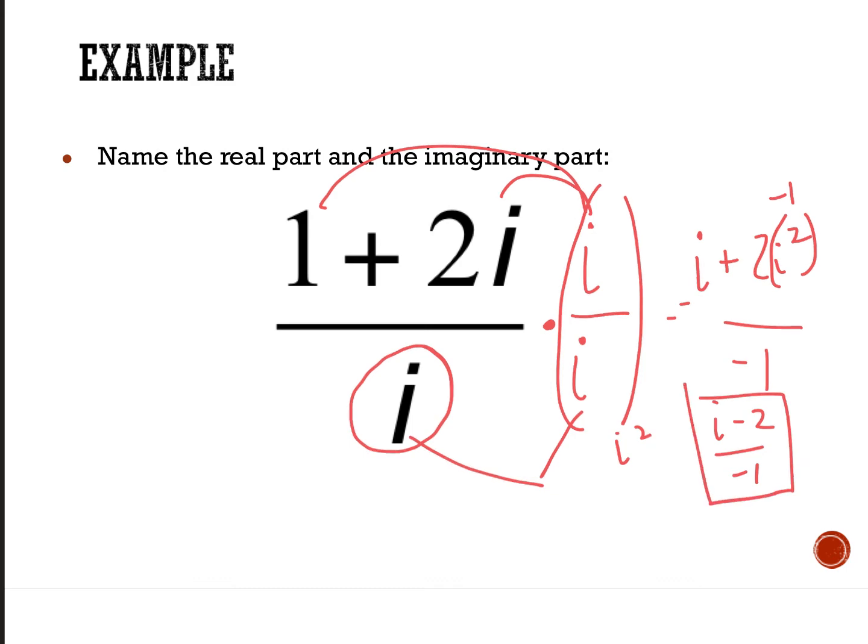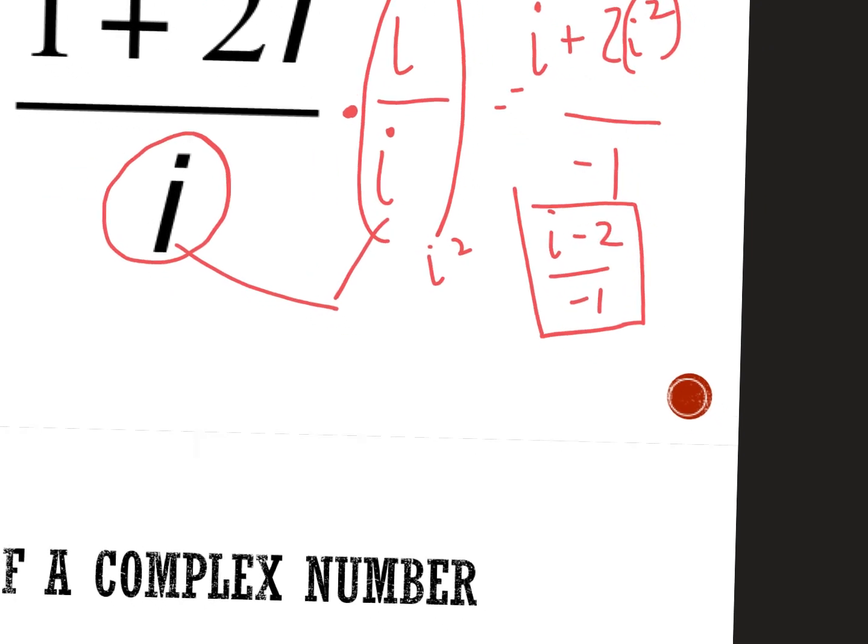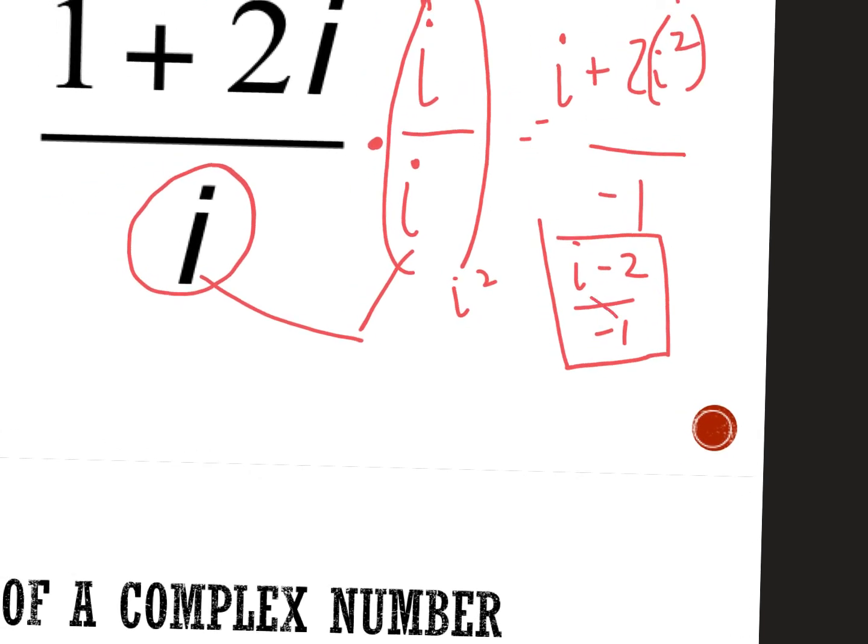This is not the answer. Okay, I'm just trying to move my thing around a little bit. If I sort of move the -1, right, or distribute it to the top, I end up with 2 minus i. Okay, so the real part, because that's what this question is asking, is 2. The imaginary part is -i, or -1, right? It's the coefficient in front of the i.